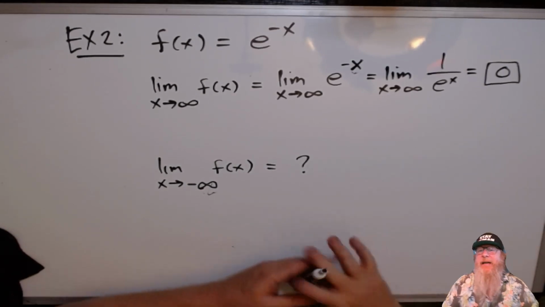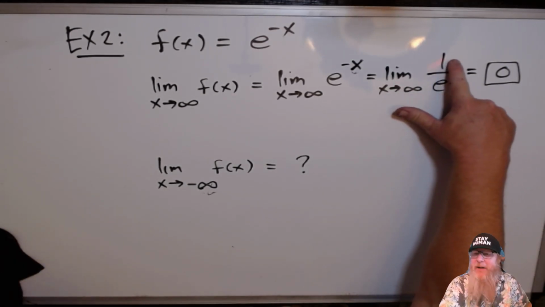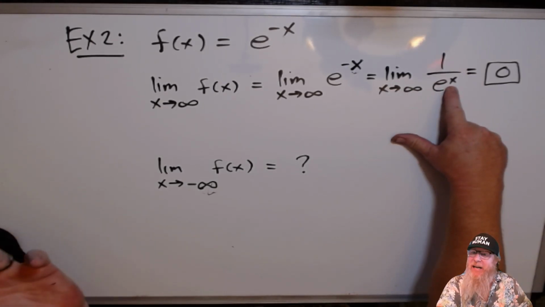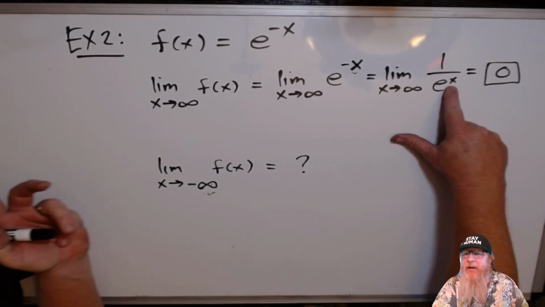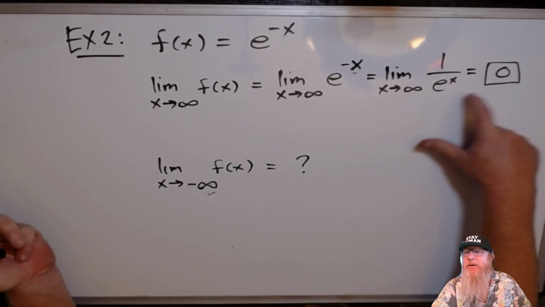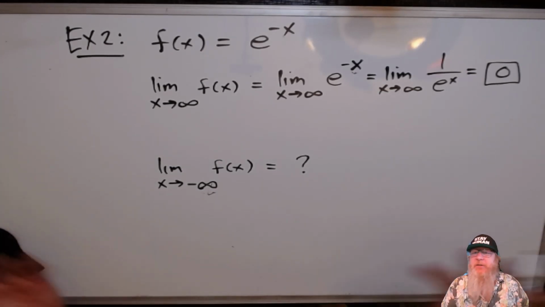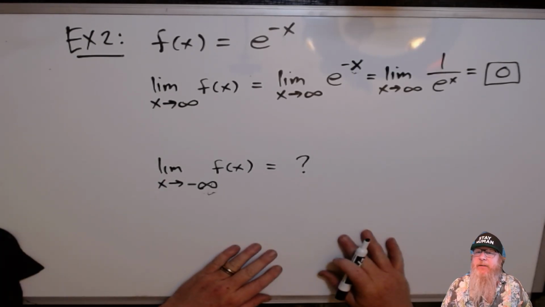And I'm not going to do all the calculation because I just did it. The limit of 1 is 1, the limit of e to the x is infinity, or you could just think 20,000 or a million, a very large number. Then 1 divided by a very large number becomes 0. Again, that's using the result of example 1 to make example 2 a lot faster.